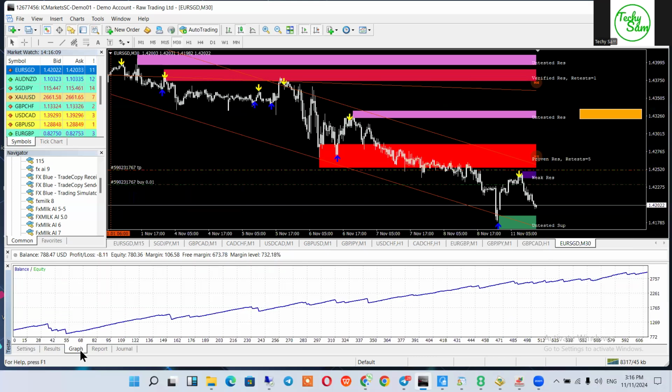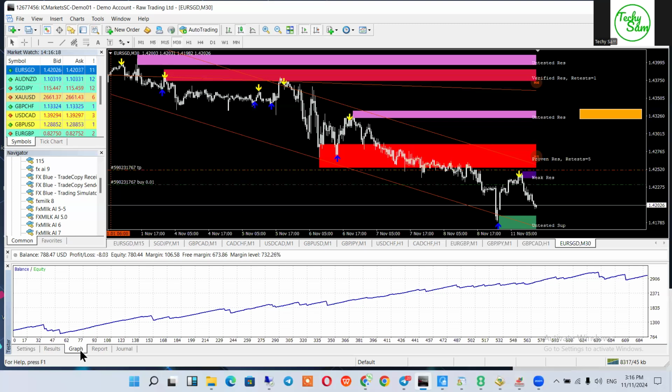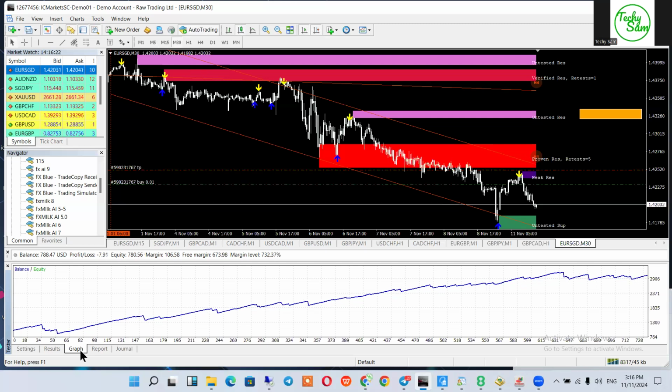So far, it's looking good. This is the kind of equity curve that we're expecting on our account. I've already been experiencing it, but on every connected client account, this is the kind of equity curve we should start expecting.